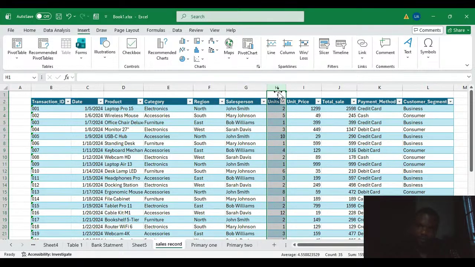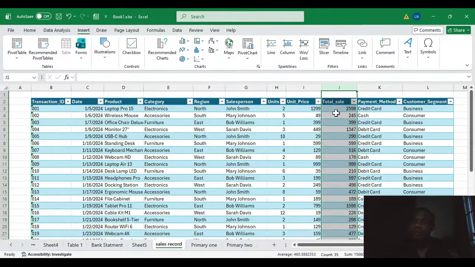Then we have the units, the amount of items the person sold. Then this is the unit price of each of those items. And then we have our total price.